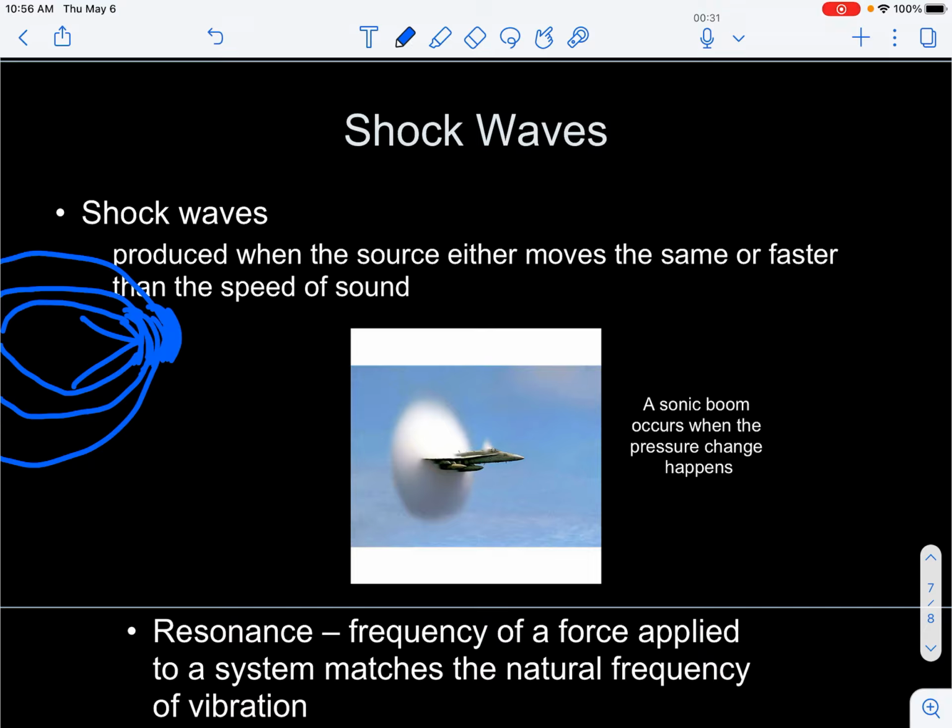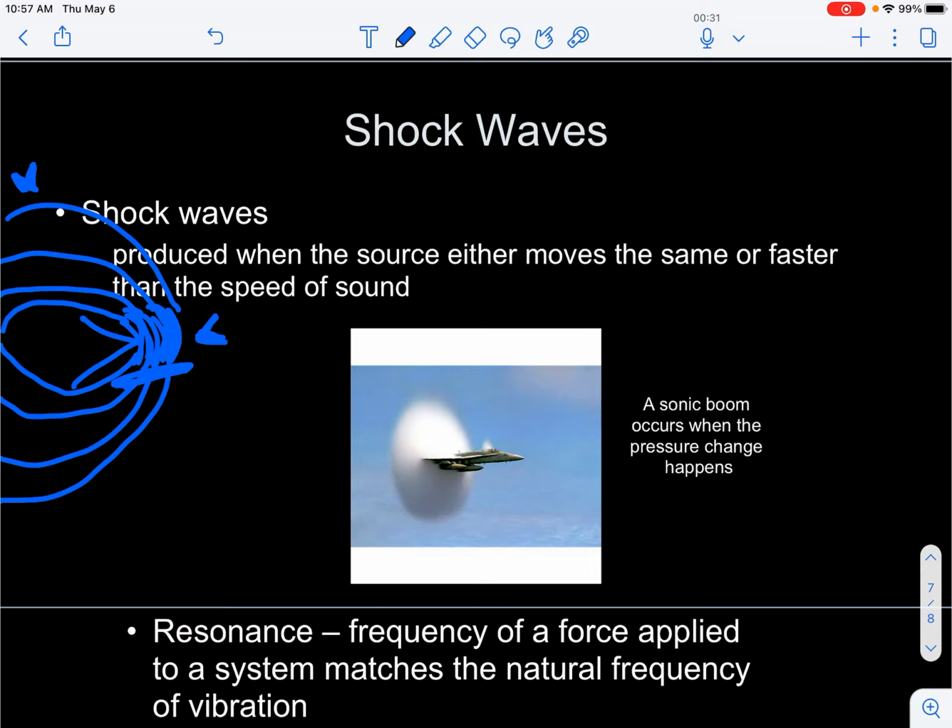The wavelengths are going to get larger and larger and larger, meaning you have super high frequency and super high pressure up here, and then super low frequency and low pressure back here. That is what is really happening right there. Your sound source is going to be this leading edge of the plane that we see right here. So that's your sound source.